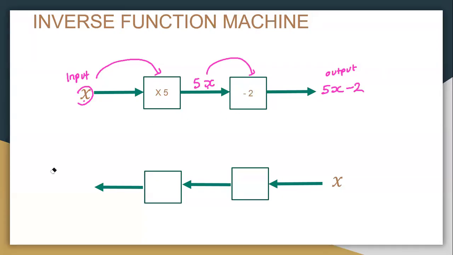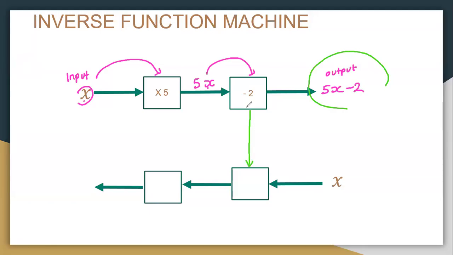What is the next part? When it comes to inverse, we are asking ourselves, how can we now move from this side and then come back here? What do we do? Members, here we had negative 2.